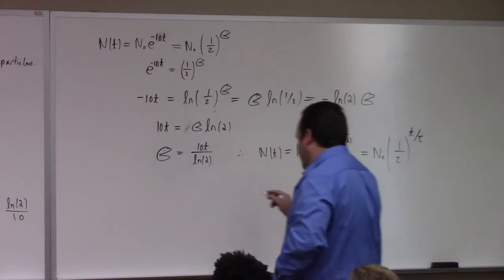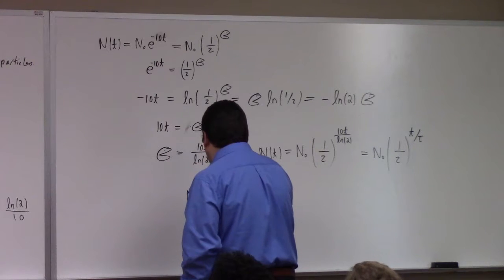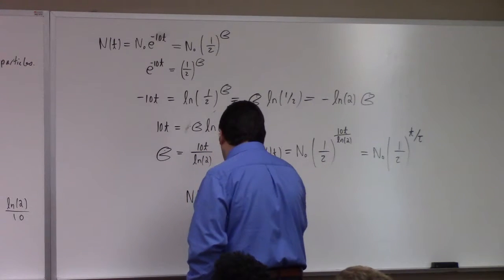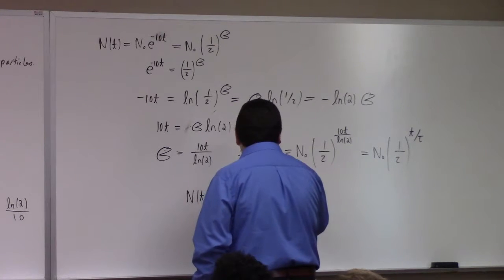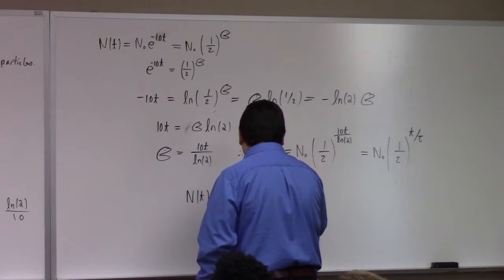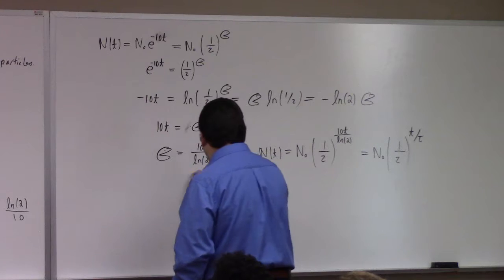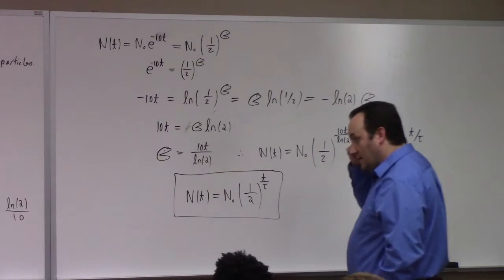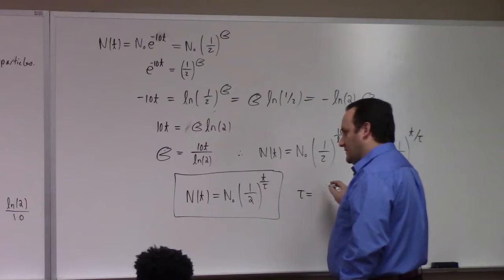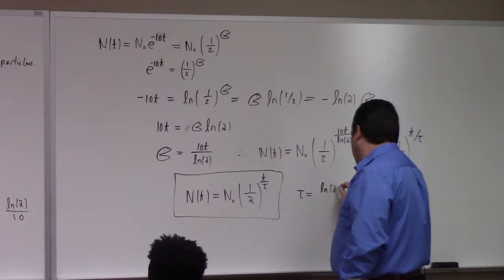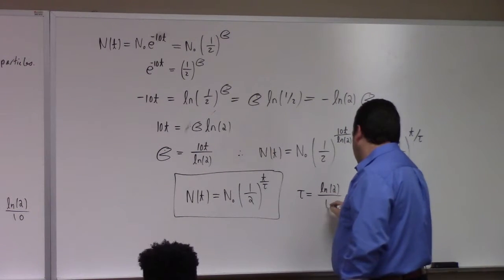So anyway, the takeaway message here is that we can also write n of t equal to n naught times 1/2 to the time divided by the half-life. Now, we had that the half-life was what? It was the natural log of 2 divided by 10.